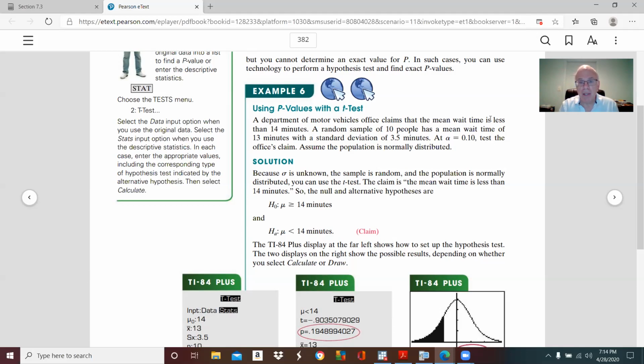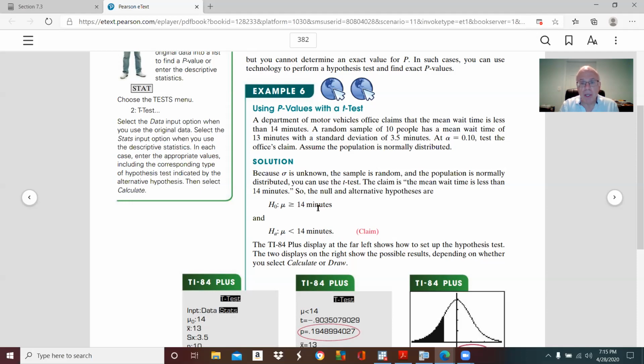In this case, it's less than. So this claim is the alternative hypothesis, and you can see it down here. Mu, because it's a population parameter, is less than 14 minutes, is our alternative hypothesis. The null hypothesis has to be the complement of less than, which is greater than or equal to. So that's why the null hypothesis states that mu is greater than or equal to 14 minutes.